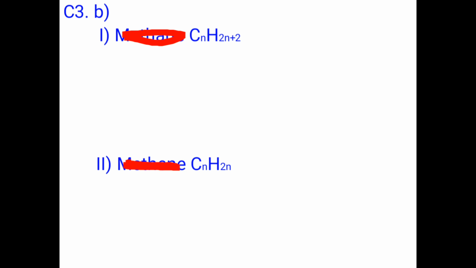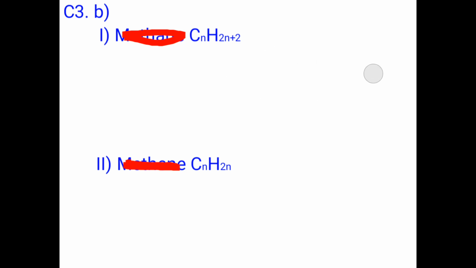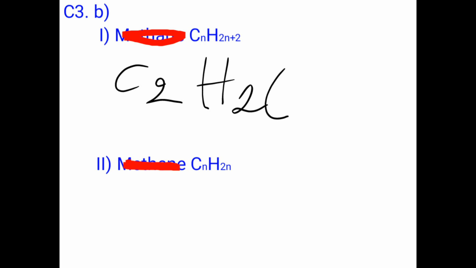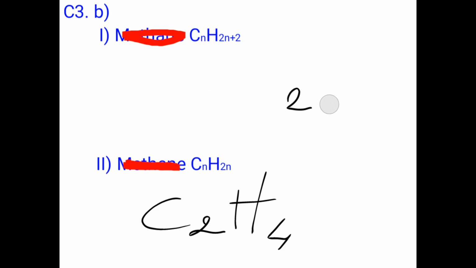Let's look at how ethene will look. How many carbons does it have? Two, and that's what we'll use to represent n. So we will say C2H2 multiplied by 2, which will give us C2H4. And this is how the structure will look.